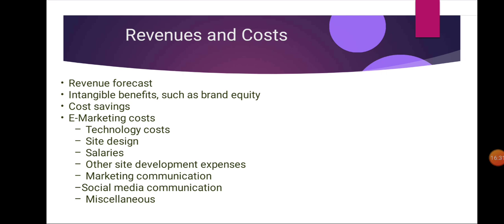E-marketing cost, technological cost, site design, salaries to be paid, other site development expenses, marketing communication, social media communication, and miscellaneous. The ultimate objective of any budget is that we can earn a huge profit from that particular plan. So every plan is evaluated through budget before implementation.